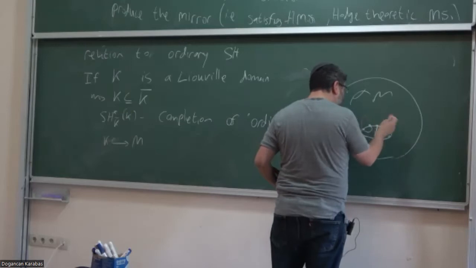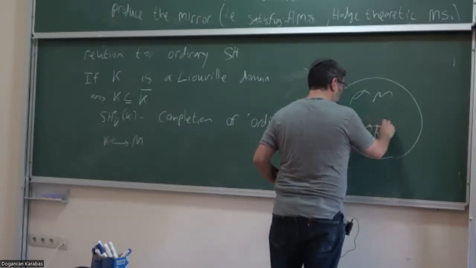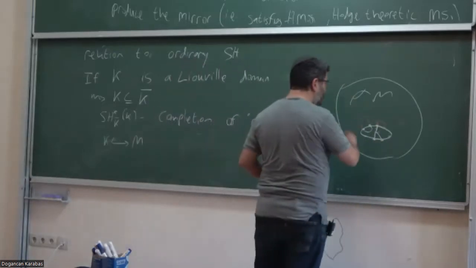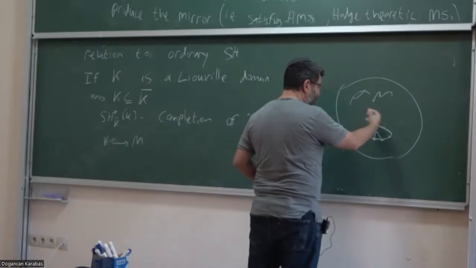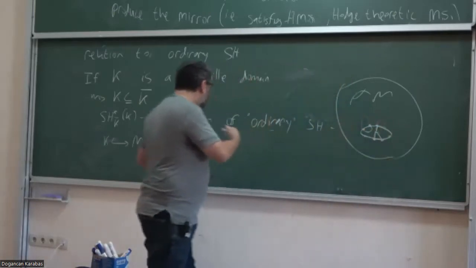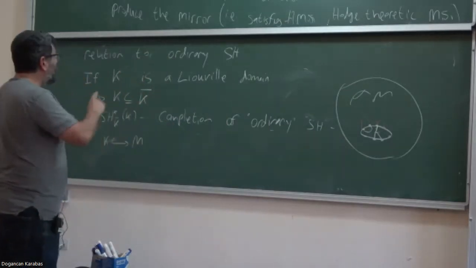You get additional curves which also go outside, and these curves that go outside have higher energy in some sense. Also for the product, you have curves that go outside. So you get some kind of deformation of ordinary SH.